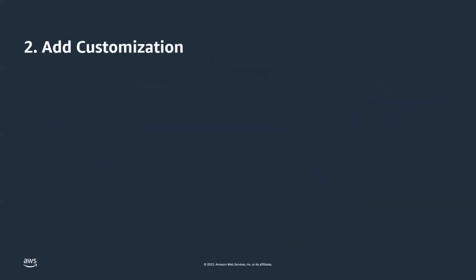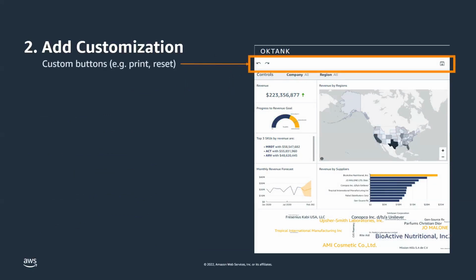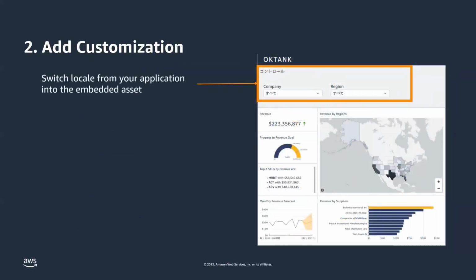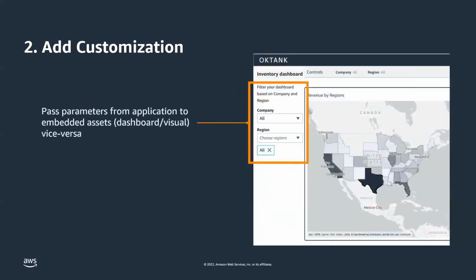Okay. Doing a deeper dive on more customization, what can you do? You can add custom buttons like we have our print, the reset, and the export buttons. You can do that. You can switch the locale from your application into the embedded asset. You can pass parameters from the application to the embedded asset and vice versa. So you can have dashboards and visuals. You have an application passing the parameter, and then you can interact with the dashboard and pass the parameter back.